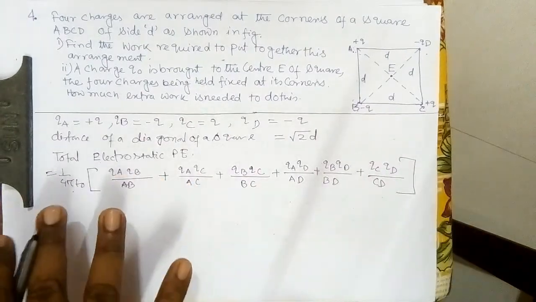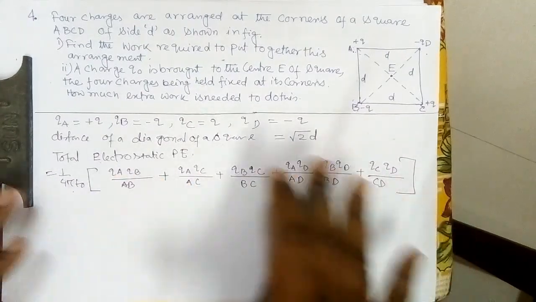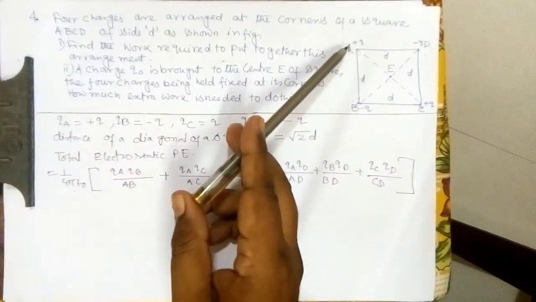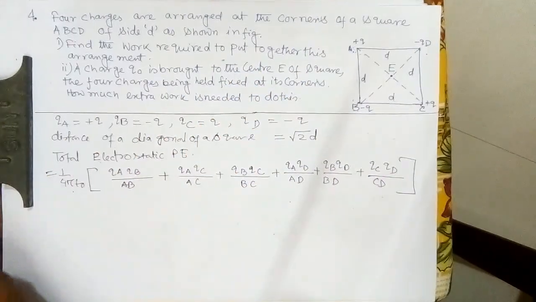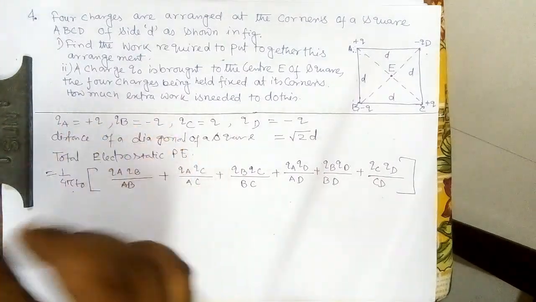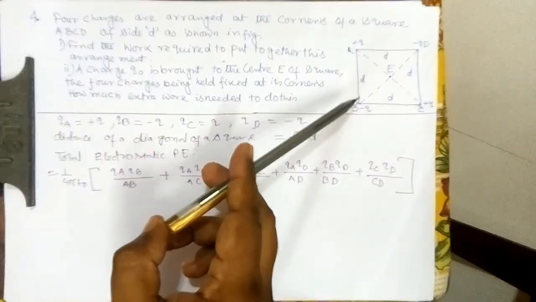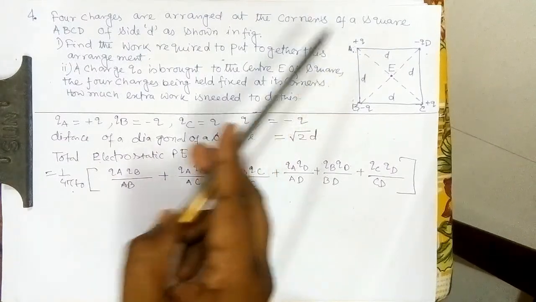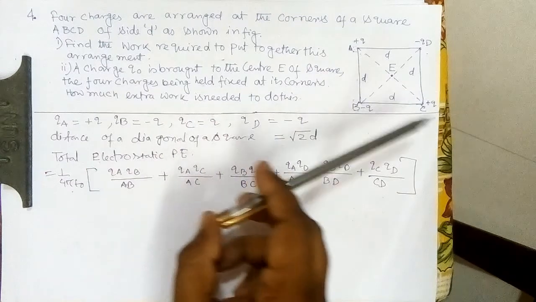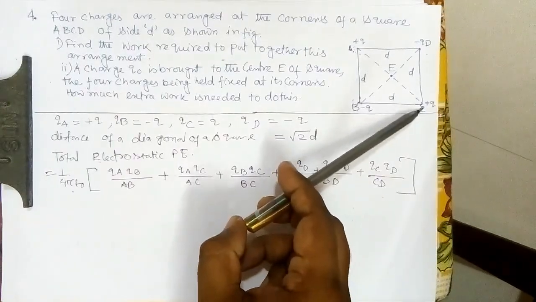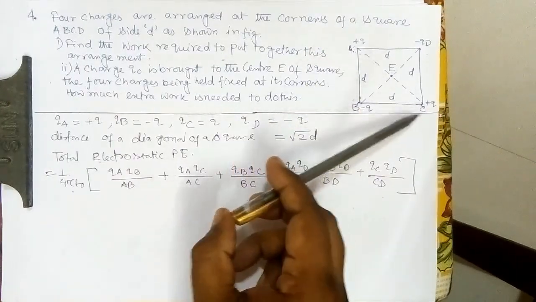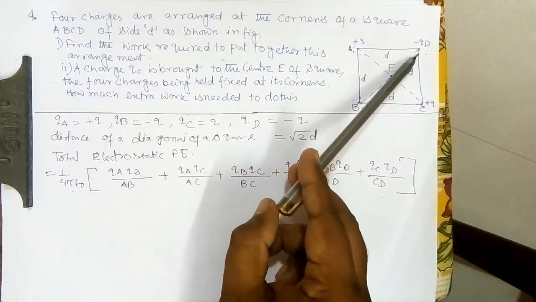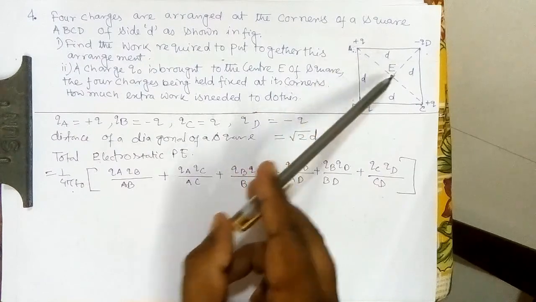I am just telling you to follow the steps of how these four charges are formed. Initially when the charge is taken at QA, no other charge is there, so no work is done. When the next charge B is taken, we have to do work only against QA. When a charge is taken at C, you have to do work against QA and QB. And whenever you take a charge at D, you have to do work against the three charges QA, QB and QC.